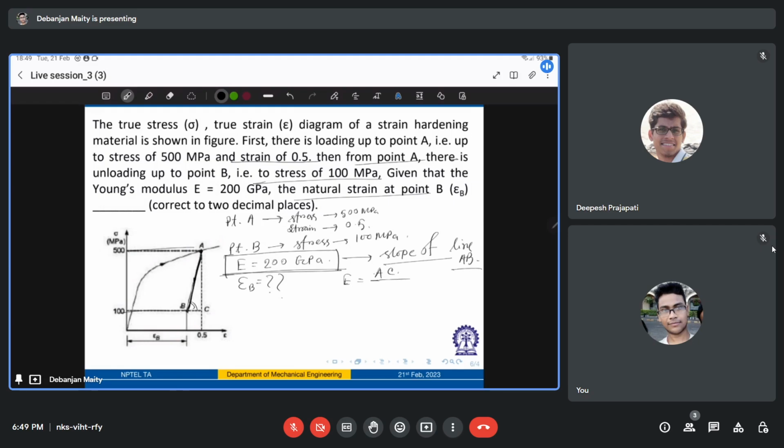So this is coming as AC by BC. So if E is provided as 200 GPa, which is 200 into 10 cube megapascal, that will be equal to, what is AC? AC is basically this difference, 500 minus 100, divided by this BC value.